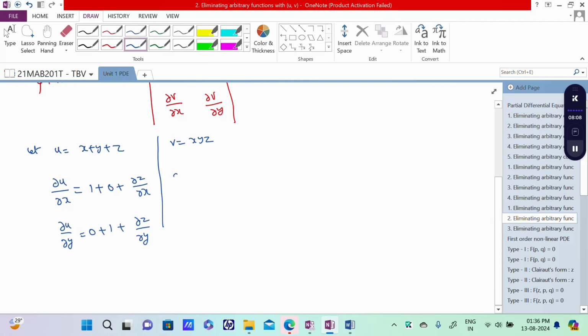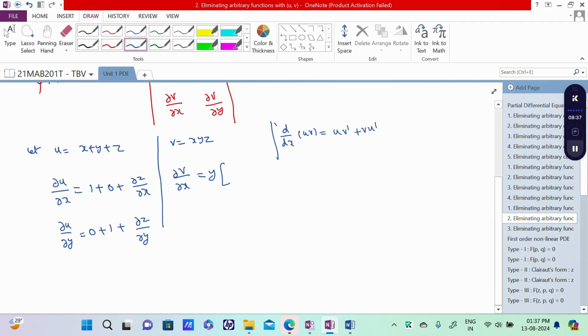Now for dou v by dou x, here x is a variable, z is the function, y is the constant. Therefore, I'll take y constant out, and x and z are dependent variables, z depends on x, y. Therefore, it is in uv form. What is uv? d by dx of uv equals u v dash plus v u dash.